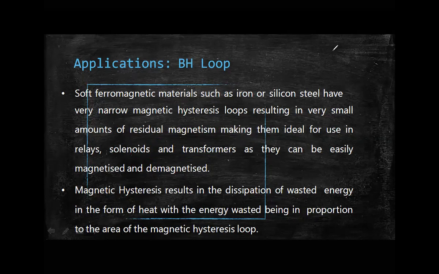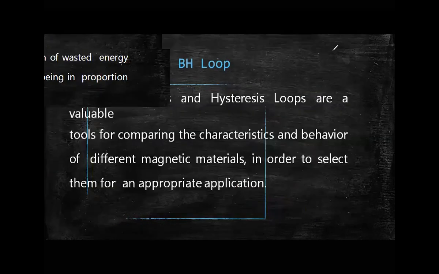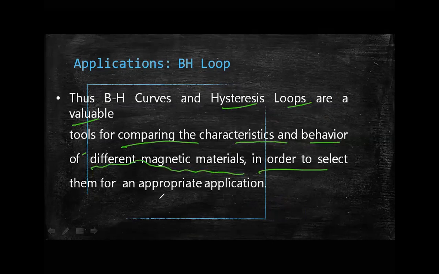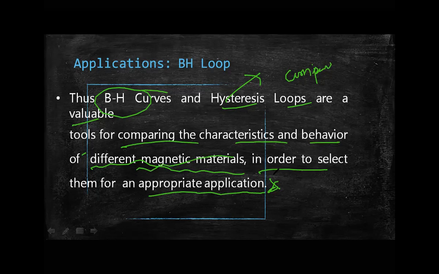One more thing, which is also very useful: the BH curve and hysteresis loops are a very valuable tool for comparing the characteristics and behavior of different magnetic materials in order to select them for appropriate applications.